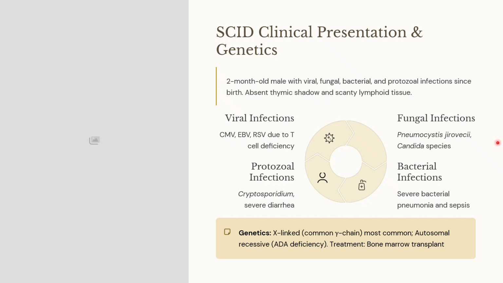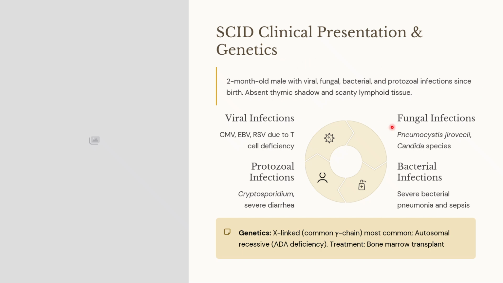Therefore, as a consequence, T cell development fails, because interleukin signaling is crucial for T cell maturation in the thymus. Therefore, the T cell maturation fails. B cells are not absent, but they are non-functional because they need T cell help to activate.